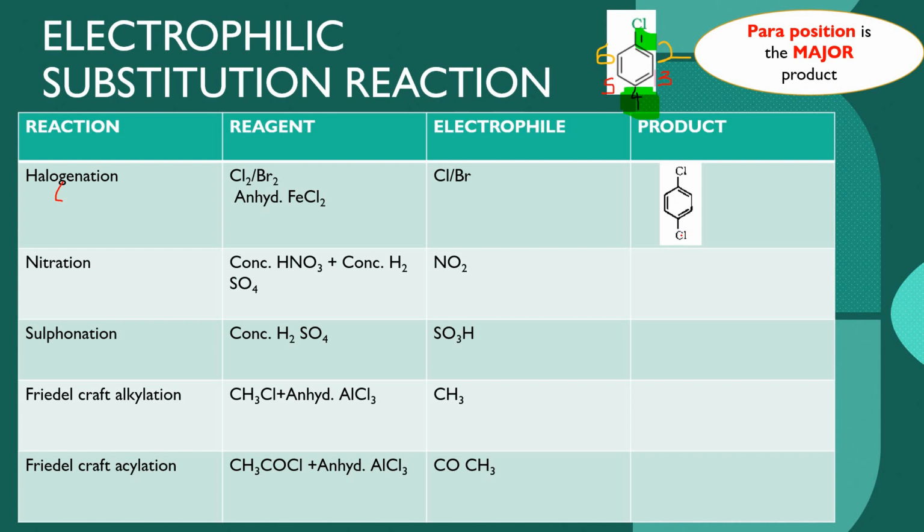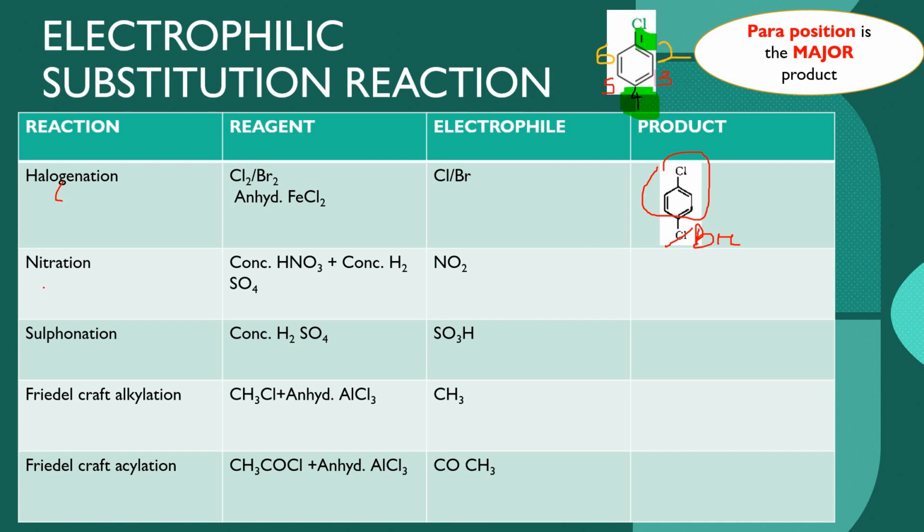The product that we obtain here: this whole thing was our reactant. As I told, it attacks at the para position, so I am showing here the electrophile Cl is going to attack here. Suppose it is bromo, I just have to replace Cl with Br. That's all. So this will be the product that I obtain.